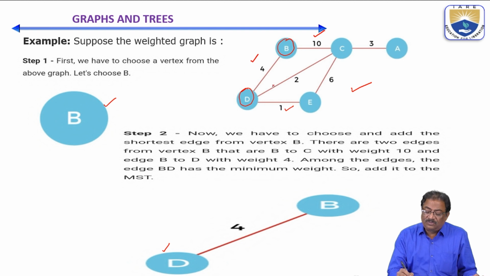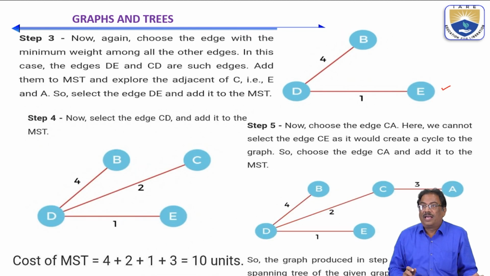So this is 2, this is 6, and this is 10. Among these 3, we select 2, the minimum weight. So subsequently, C is going to be added in the 4th step. So after that, BCE.